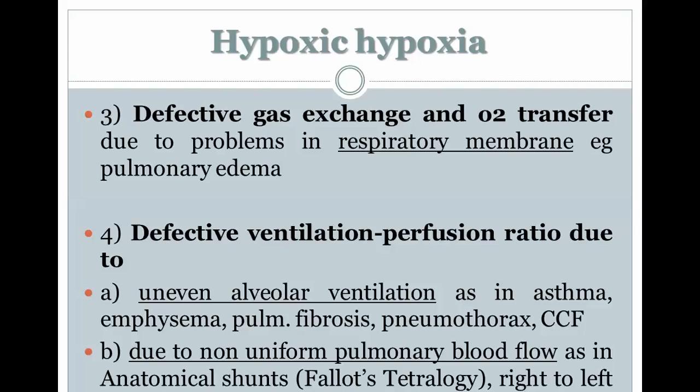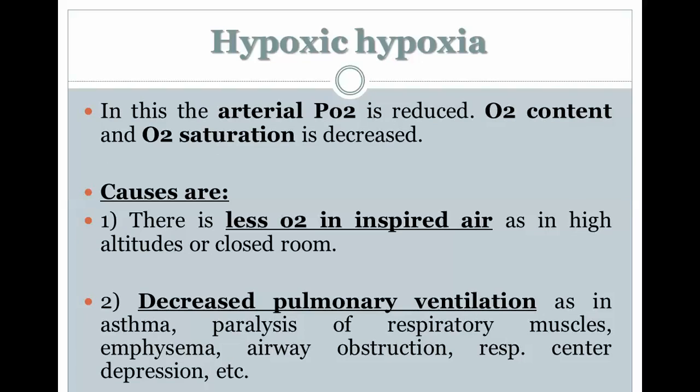There is no problem in CO2 here. Here there is a problem in CO2, yes. And in the first one, there is no problem in CO2. How do I differentiate between number 1 and number 3? From the AA gradient, the alveolar-arterial gradient. Number one, the gradient will be normal.